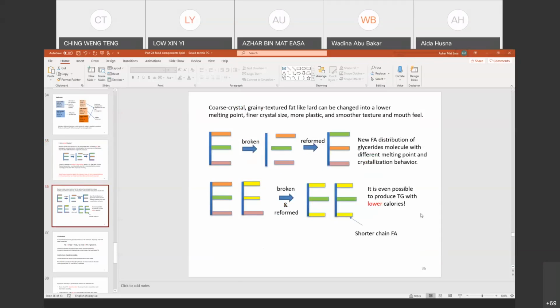It is even possible to produce TG with lower calories, because you have these shorter fatty acids, maybe from other TGs. So we have the bottom there.